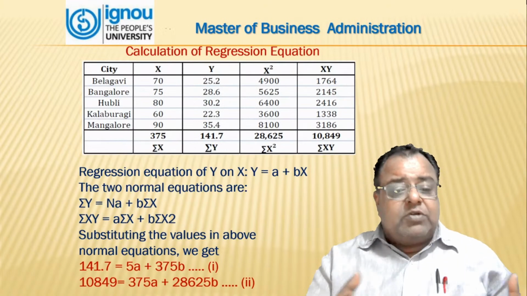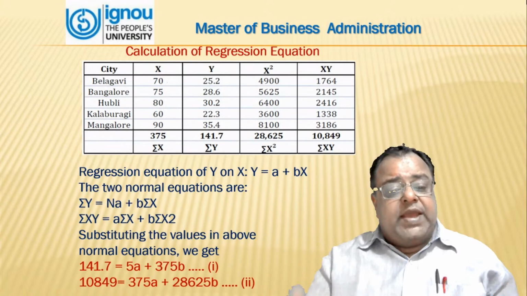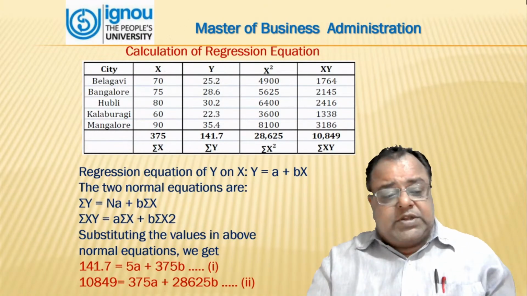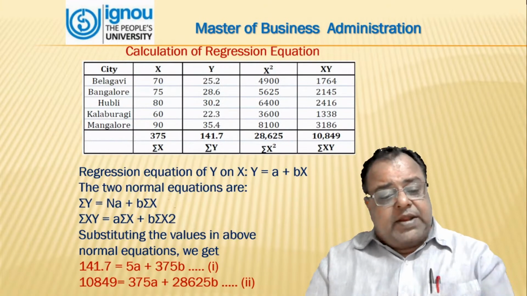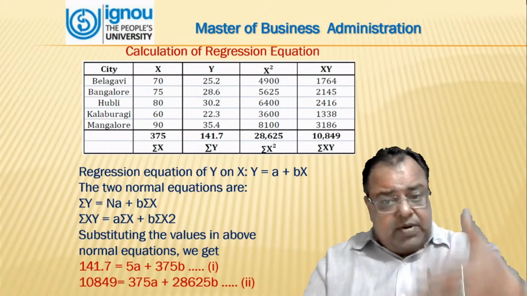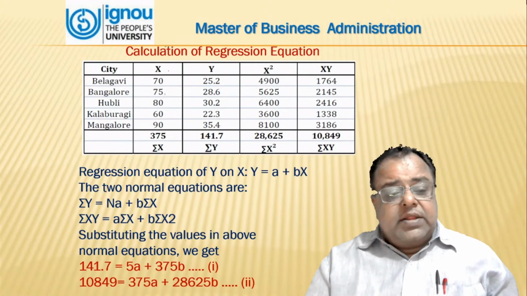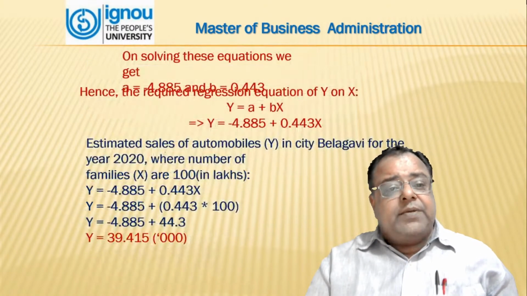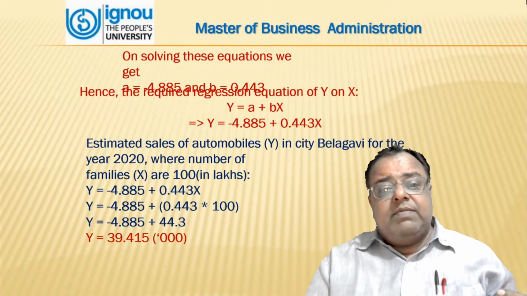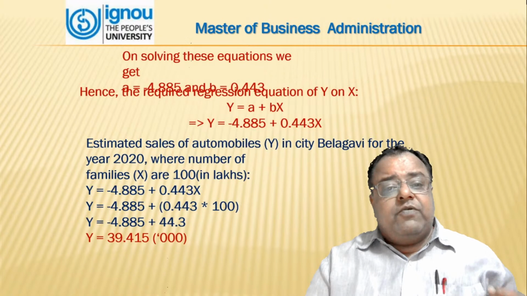Because we have to calculate the values of a and b, we need a minimum of two equations. After placing the values from the problem, we calculate a and b, and a will be 4.885 and b will be 0.443.